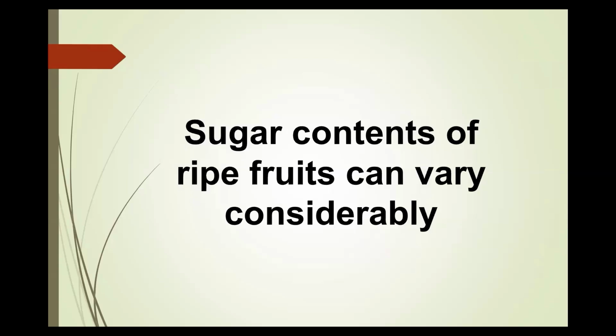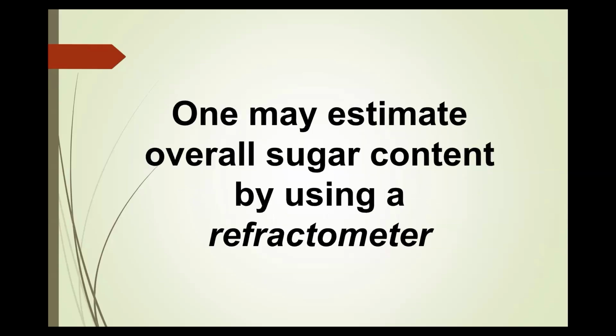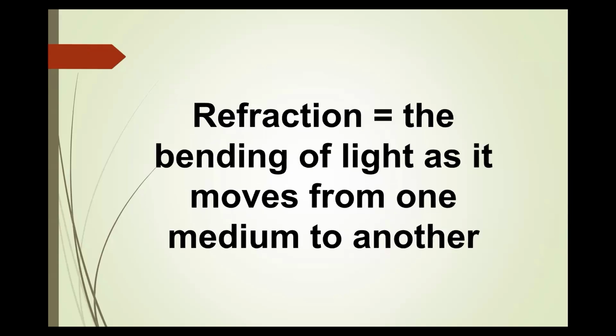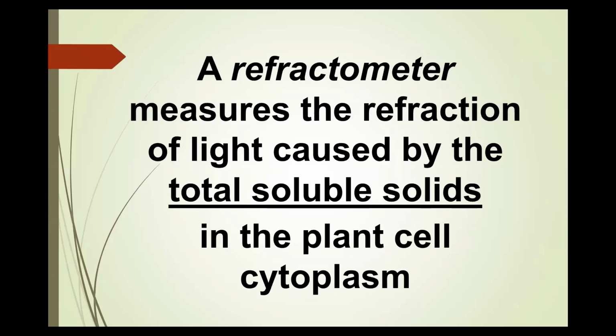The sugar contents of ripe fruits can vary considerably. One may estimate the overall sugar content in plant tissues using a refractometer. Refraction is the bending of light as it moves from one medium to another. A refractometer measures the refraction of light caused by the total soluble solids in the plant cytoplasm.